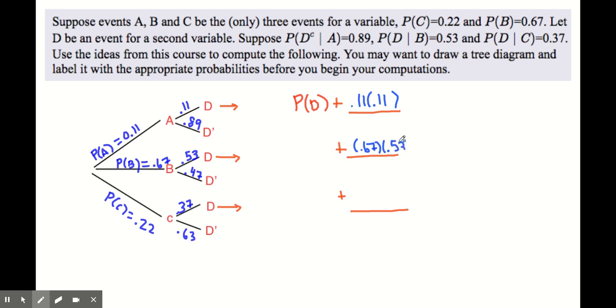And of course, we've got one more way that we can get to D, and that's to first go through C. The probability of C happening is 0.22, and then we multiply that by the probability of D happening, given that C has already happened, which is 0.37. When you add all of these three numbers up after you do the calculations very carefully on the calculator, that's going to give you the probability of D.